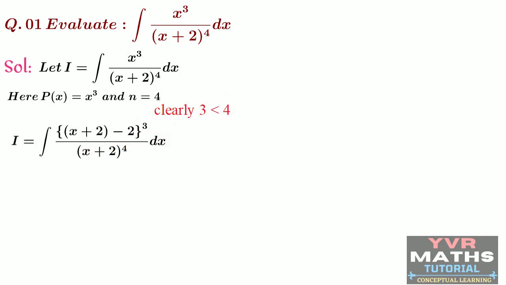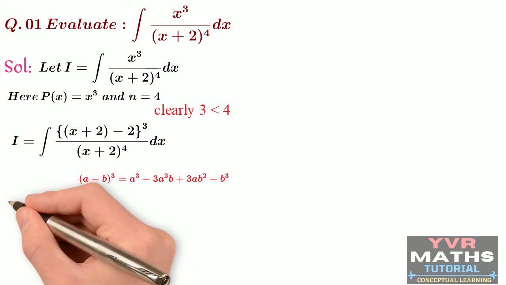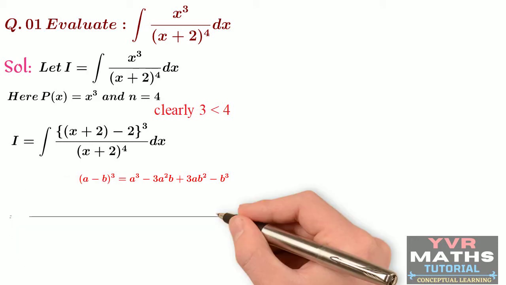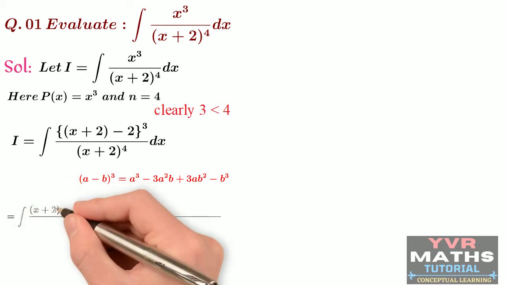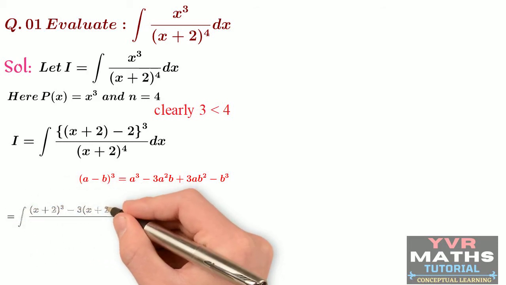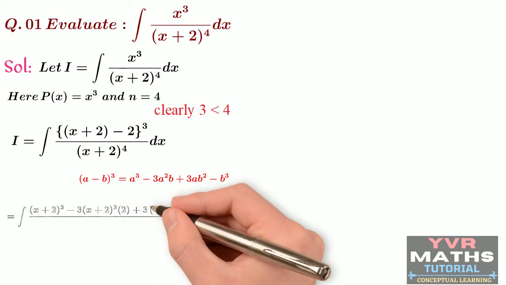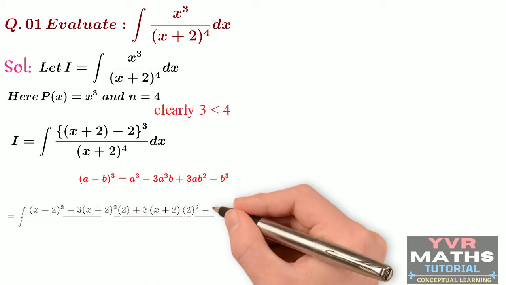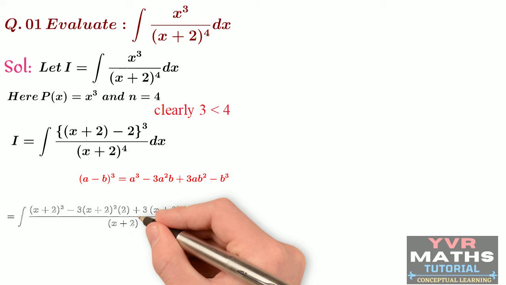The numerator is in the form of a minus b whole cube. If you apply the a minus b whole cube formula, then in the next step you get integral x plus 2 whole cube minus 3 into x plus 2 whole square into 2 plus 3 into x plus 2 into 2 square minus 2 cube by x plus 2 whole power 4 dx.